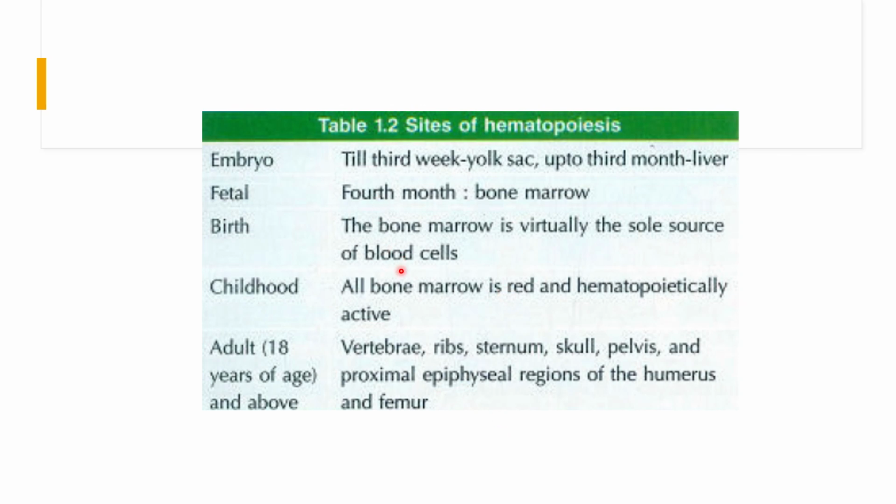So the bone marrow is the main source of production, these being the primary sites, and in the embryo stage, it's the yolk sac and liver, and from the fetal stage, fourth month onwards, we have the main load of RBC production on the bone marrow.